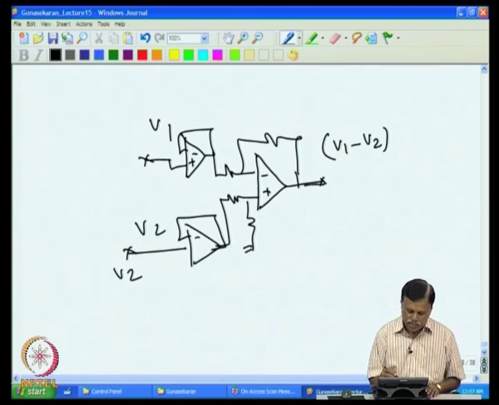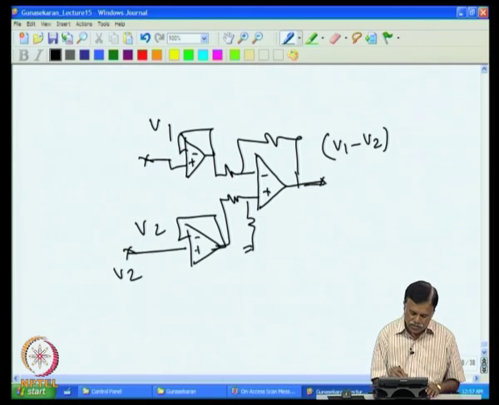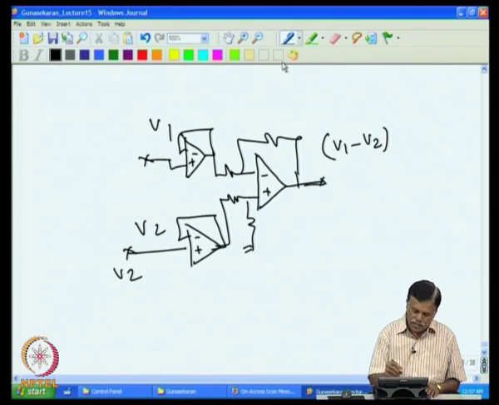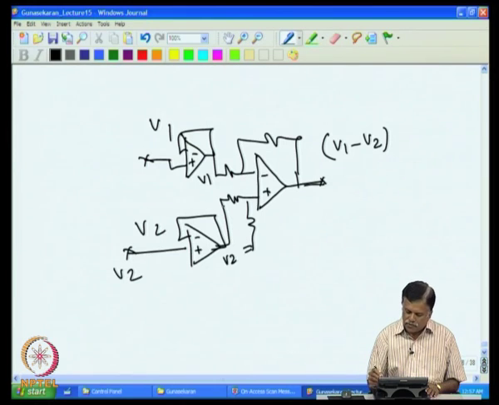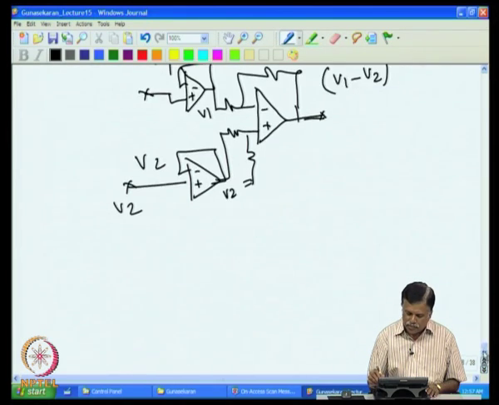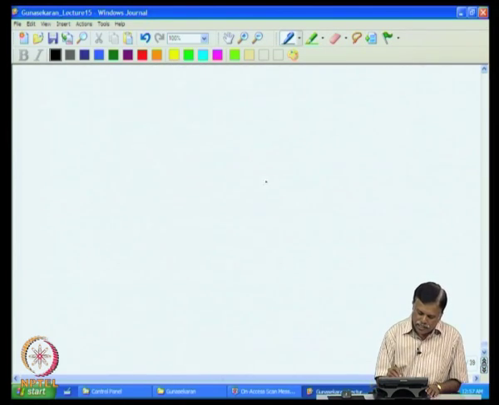So, this also can be done, or we can convert this V1 minus V2 into a current, that is you are also getting here V1, here V2. This also can be converted into current, that can be done using a current transmitter.